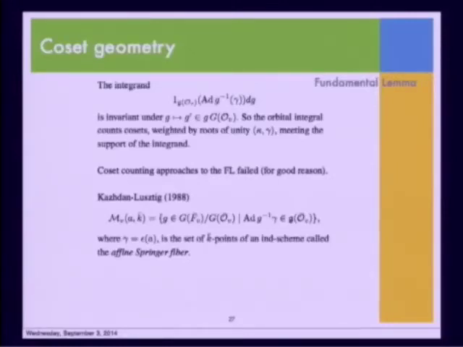He did it in terms of characters, but you can do the same thing in terms of orbital integrals. And so you really see that there's going to be some geometry involved in finding a solution to these identities of orbital integrals. So let me just do a calculation.